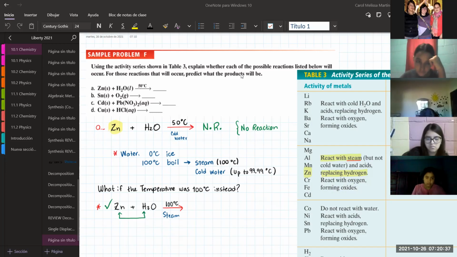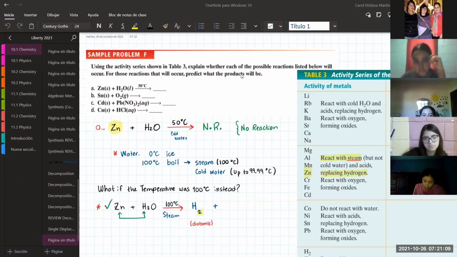So now hydrogen is going to be alone. In hydrogen you have to think, is this a diatomic element? Yes. So you need to include this 2 as a subscript. Do not forget. So hydrogen, which is diatomic, we have always 2 as a subscript. And zinc is going to be combined with oxygen.